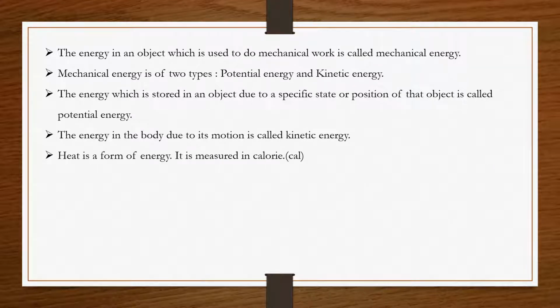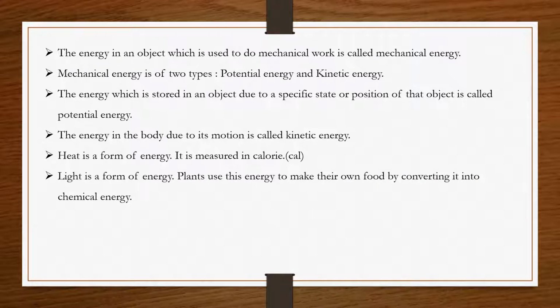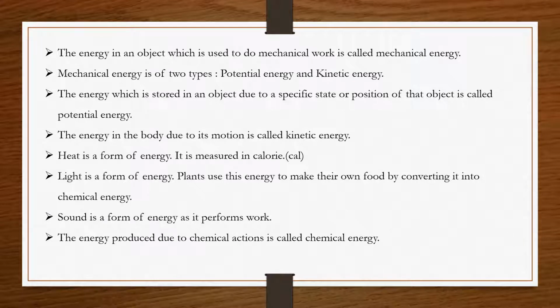Heat is a form of energy and it is measured in calories, and light is also a form of energy. Plants use this energy to make their own food by converting it into chemical energy. Sound is also a form of energy as it performs work, and the energy produced due to chemical actions is called chemical energy, and the energy obtained from electricity is called electrical energy.